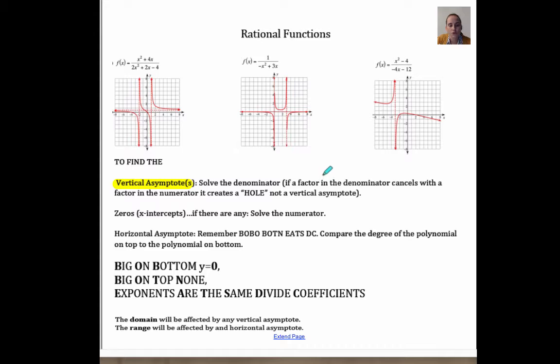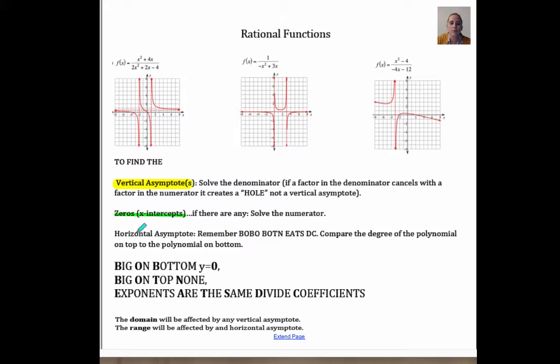If, for some reason, when you're solving the denominator, you have a factor in the bottom that cancels with one in the top, then that's a hole, and it will not be considered a vertical asymptote. All right? If you want to find the zeros, where the graph crosses the x-axis, if there are any, you will just solve it by setting the top equal to 0 and solving. So solve the numerator.